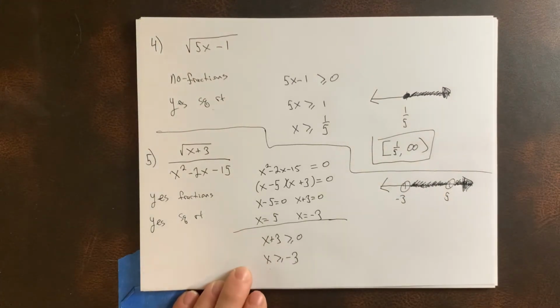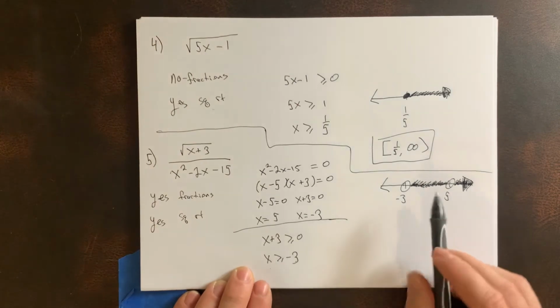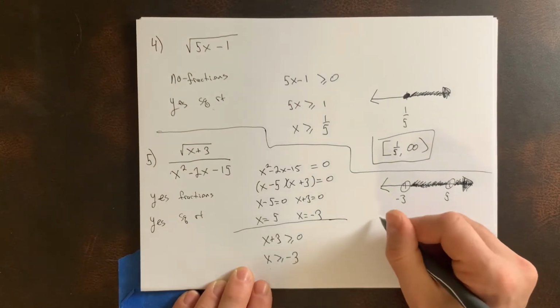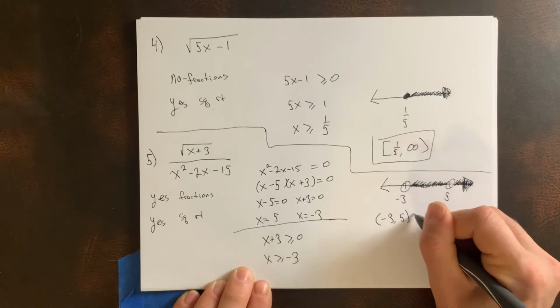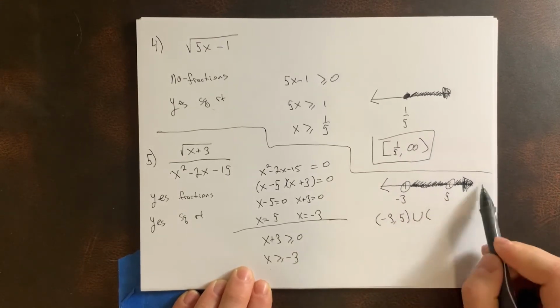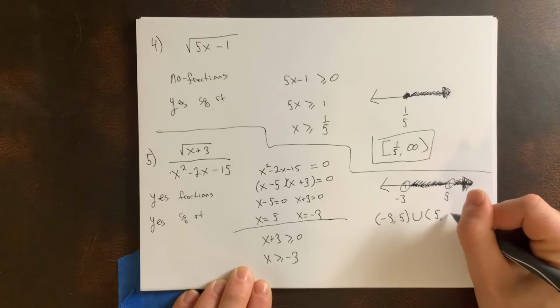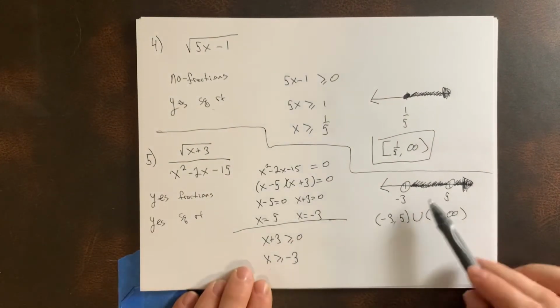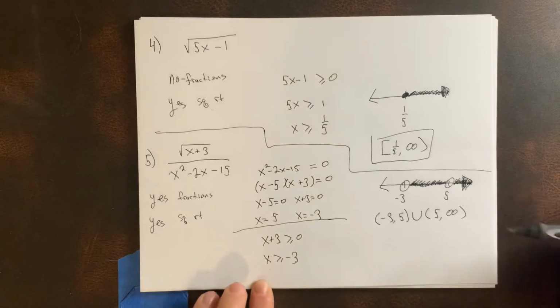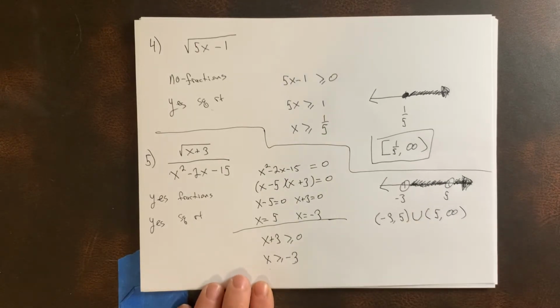So then here's the graph, putting this into an interval, we're going to get minus 3 up to 5, the union, and then 5 all the way up to infinity. Okay, so then for this problem right here, this is going to be the domain, these two things. Well, they're the same thing. This is the graph, and then here's the interval.